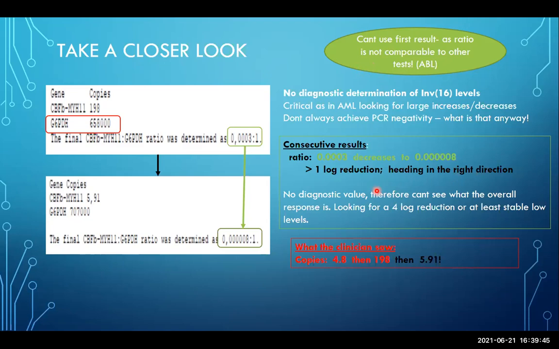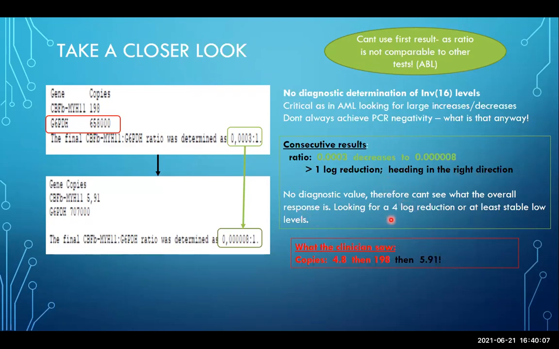There was no diagnostic quantification done, which is really essential in the case of an AML, because you want to look for a large, like 4 log reduction. And the clinician was completely confused by this copy number, which was not at all relevant. And also this trying to achieve PCR negativity, what is that anyway?